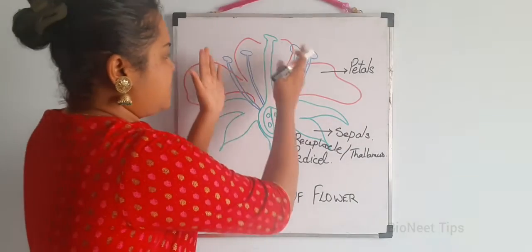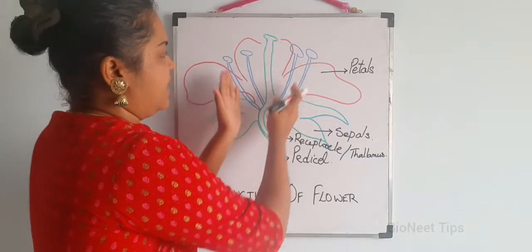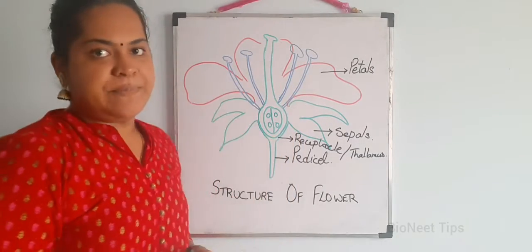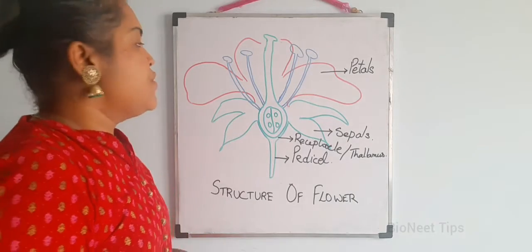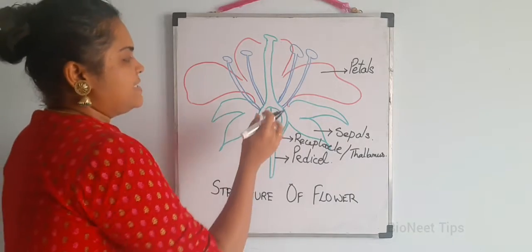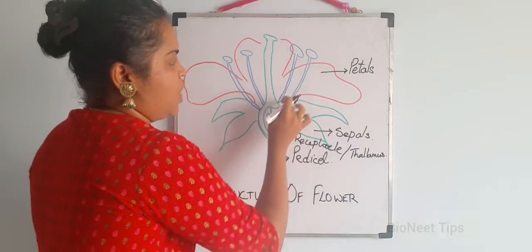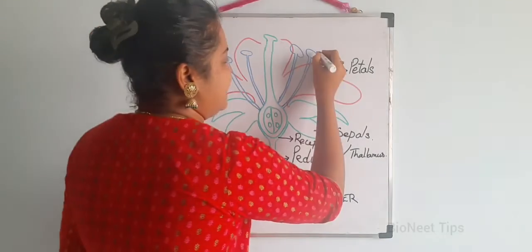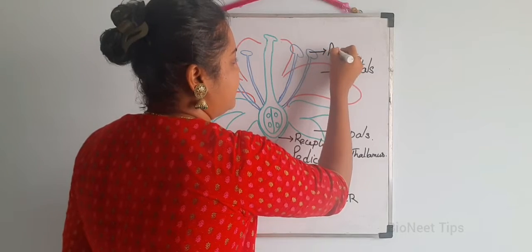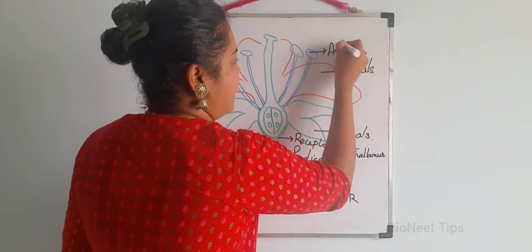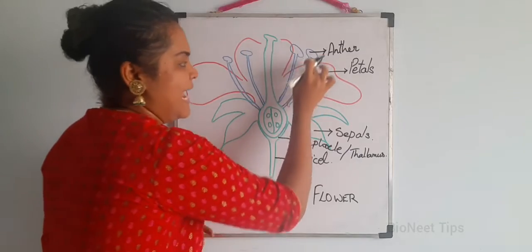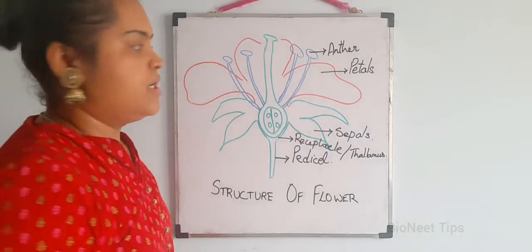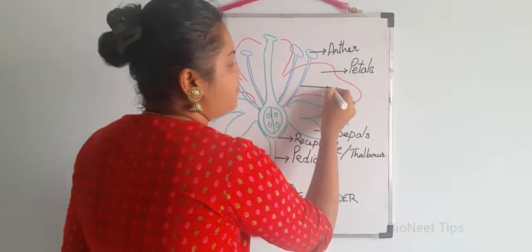Now, can you see something in the inner part of the flower? Those are the reproductive parts of the flower. You can see something very long with a lobe-like structure. That is the anther, and the anther is held by a thin thread-like stalk which is called the filament.